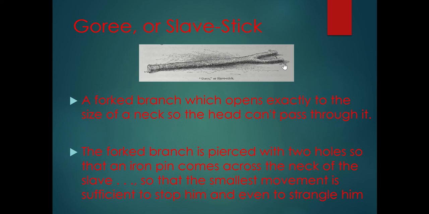This is how they would control them. It was like an old-timey leash, just made out of wood. That's one of the ways that they would carry them back and get them onto their ships. It is inhumane. It's absolutely inhumane. That's how you would treat a wild animal, and that's how they treated these people, and it is very sad.